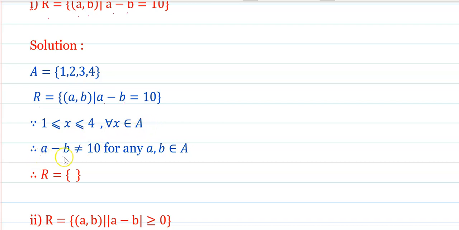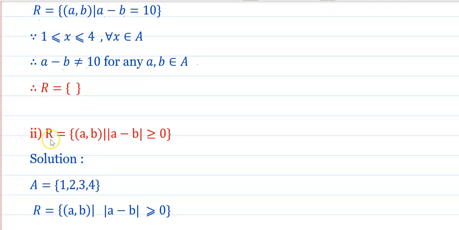Now here a minus b is not equal to 10 for any (a, b) belonging to A. If we take any two values, the difference between them will never be 10, and therefore that relation R is equal to the empty set.